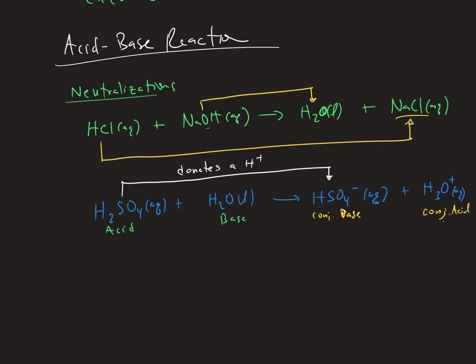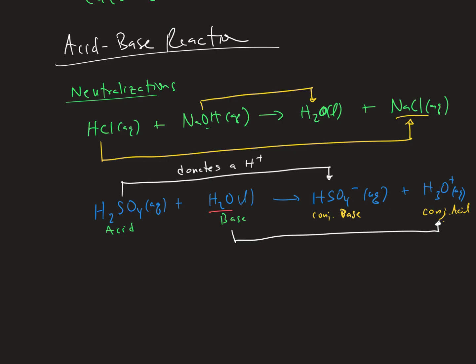Yeah. Just like performing that reaction, how did you get HSO4 minus and H3O plus? Because this guy donated a hydrogen ion. It just donated one of them. So it just loses one. It loses one of the hydrogens and a plus charge, and that's why it's now negatively charged. Good?